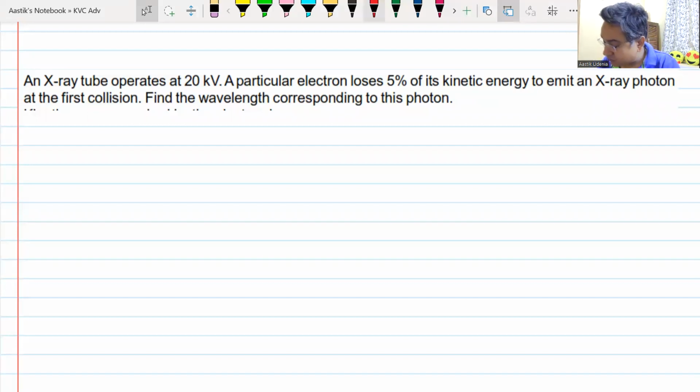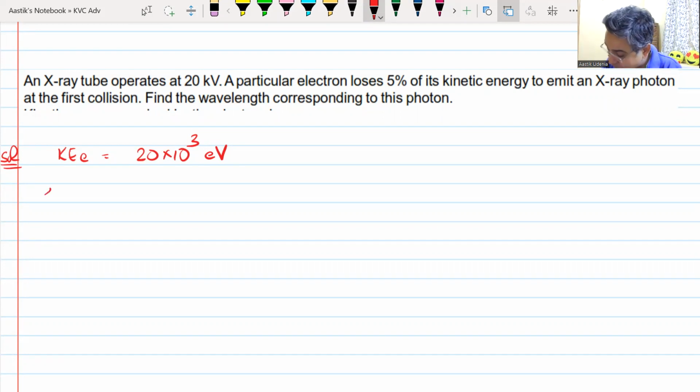So how are we supposed to solve this? We can write the kinetic energy of the electron as 20 into 10 raised to the power 3 electron volts. Yes or no? Yes. Now the energy which is converted into X-ray is 5%.